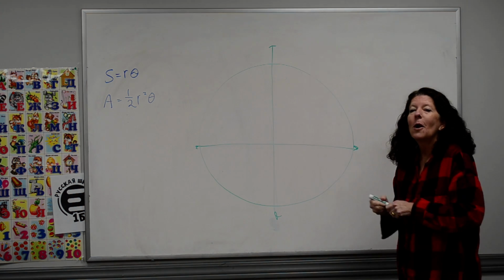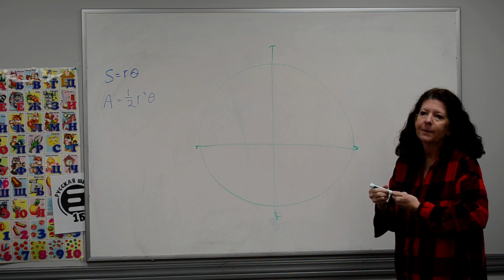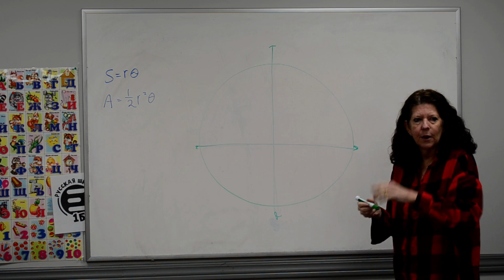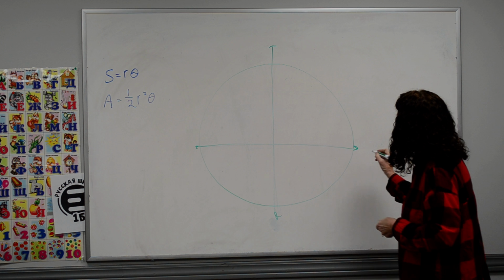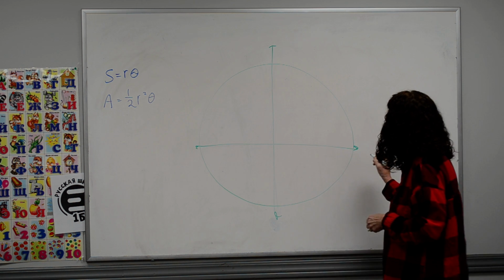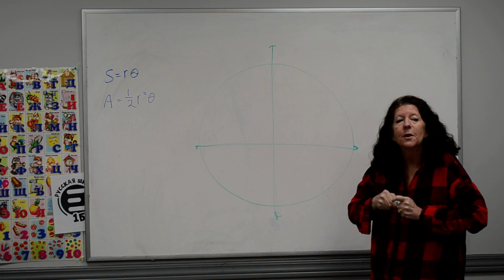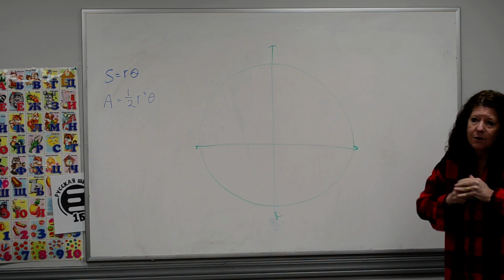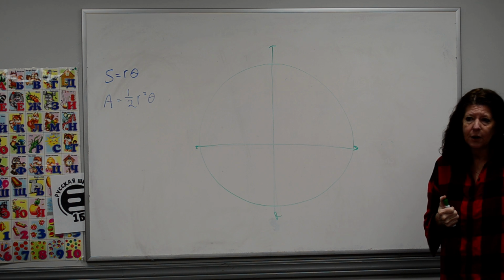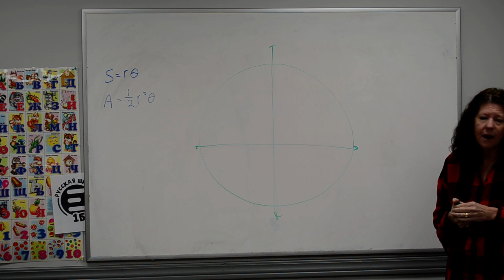Okay, so what we want to do is we want to begin to memorize radians versus degrees. So we are going to go ahead and start with degrees and then we'll go back and do radians. We're going to do 2 different unit circles, one that's based on 30-degree angles and one that's based on 45-degree angles.